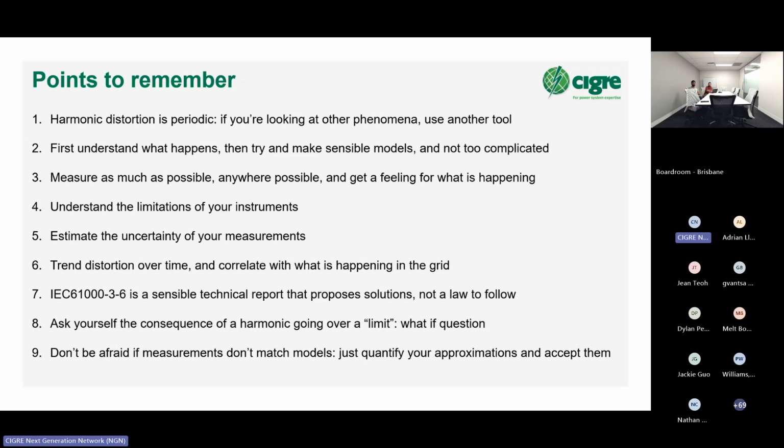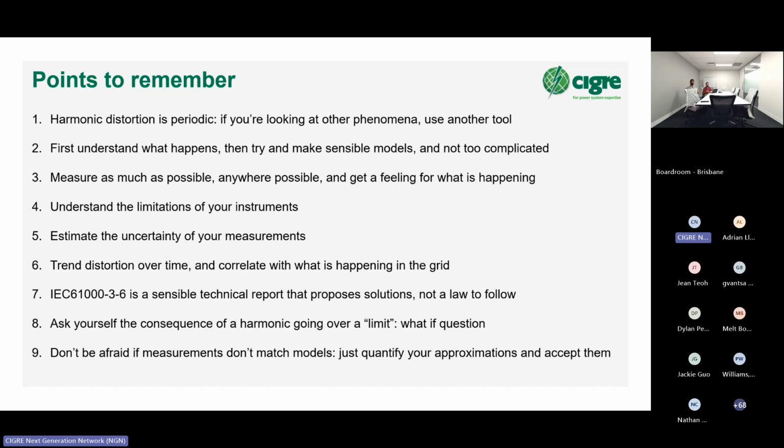But it's better to get a reality check before you build up a whole reasoning or a whole economical technical decision based on your preconceived idea, because you haven't measured. So measure, measure, measure, and understand limitations of your instruments and the uncertainty of your measurements. That is very important. Trend over time to see what is happening and correlate with what is happening in a grid, for example.